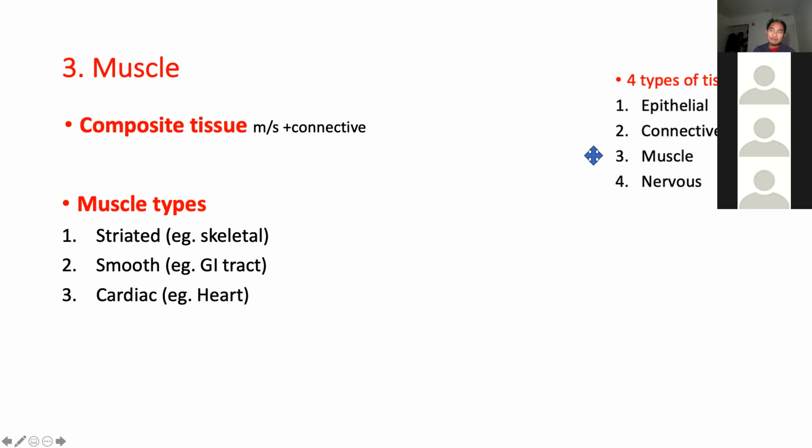And there are 3 different types of mast cells in our body, which is striated mast cell, smooth mast cell, and cardiac mast cell. So you are going to see 3 different types of mast cells, which is striated, which is smooth, or which is cardiac.